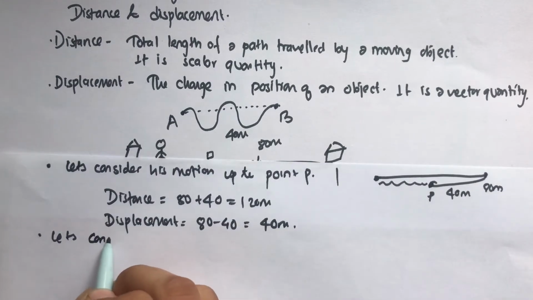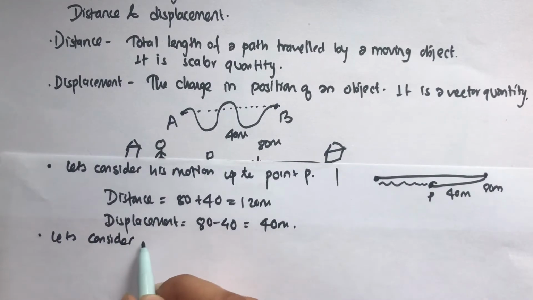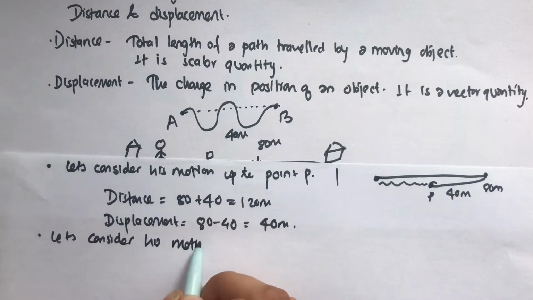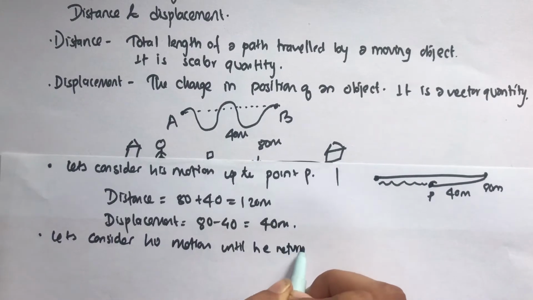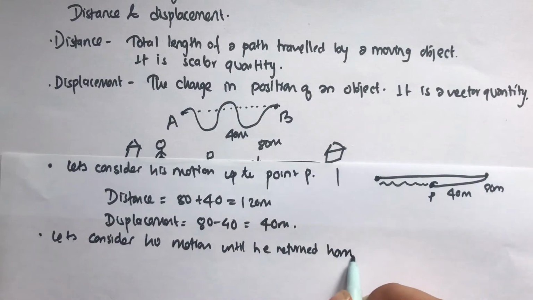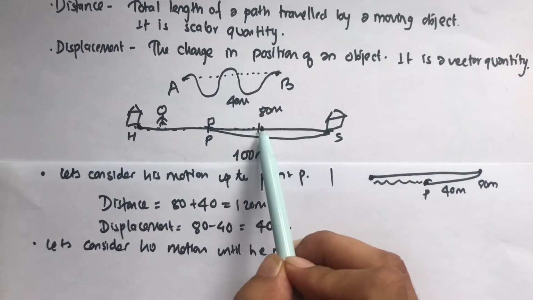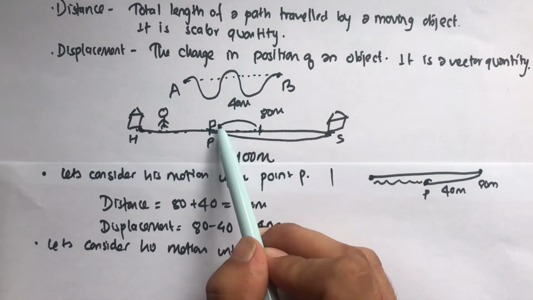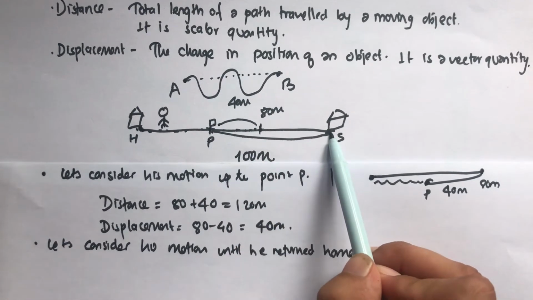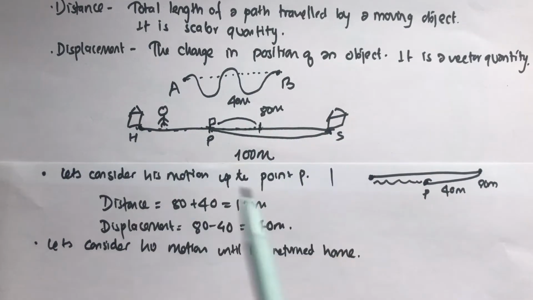Let's consider his motion until he returned home. So he headed towards the shopping mall 80 meters, then he came back 40 meters, and then he went to the shopping mall, and then he came back home.